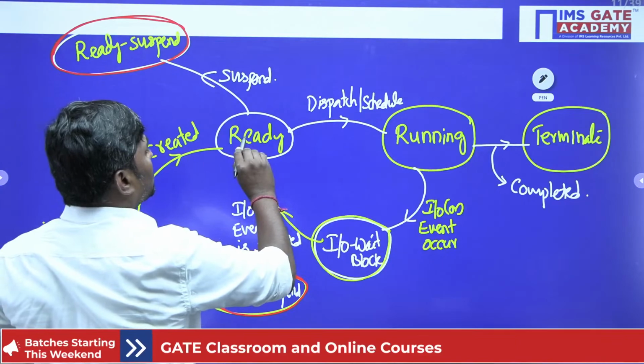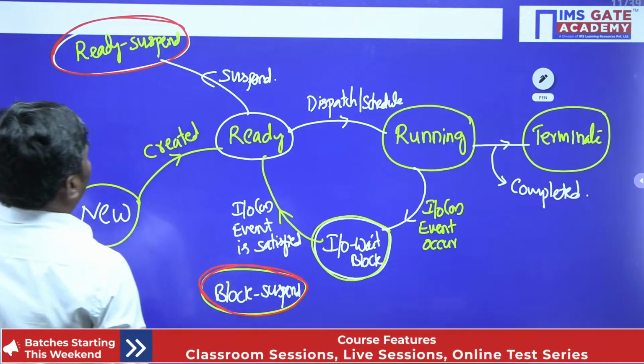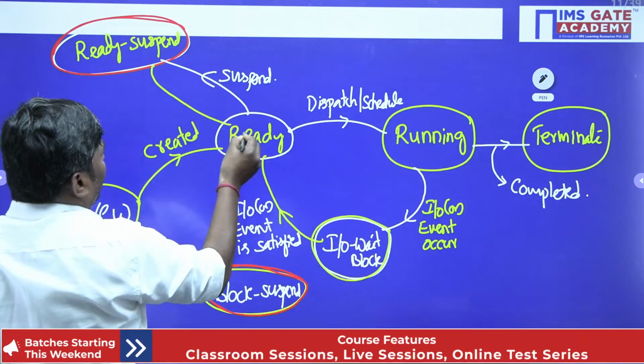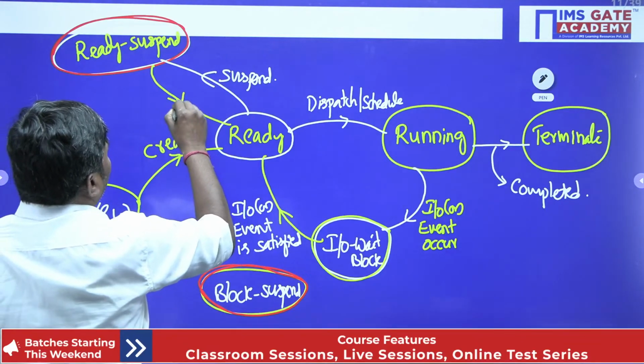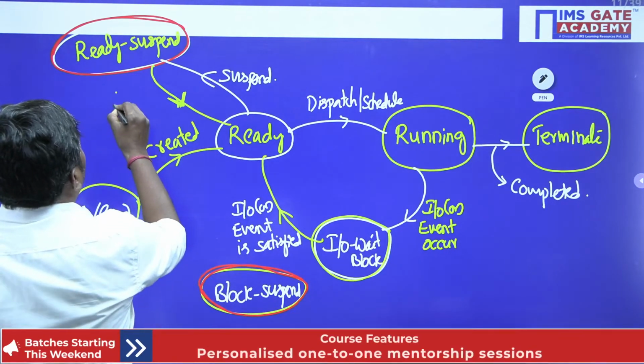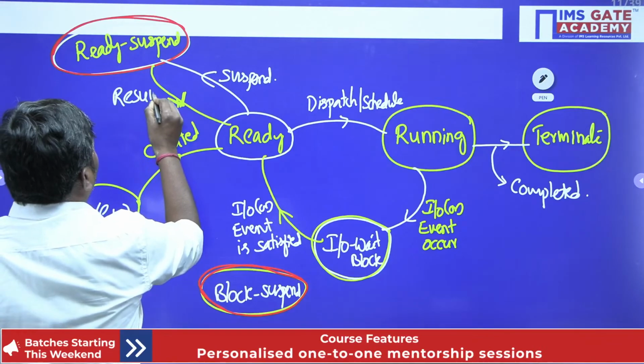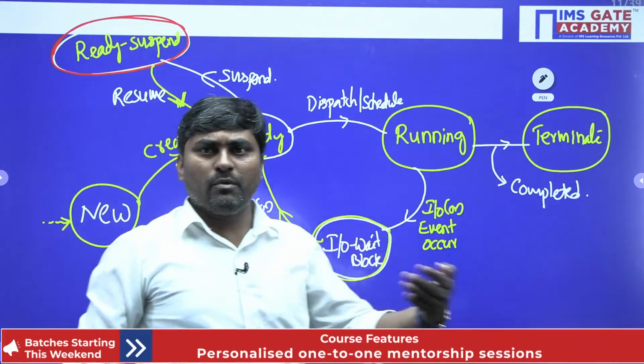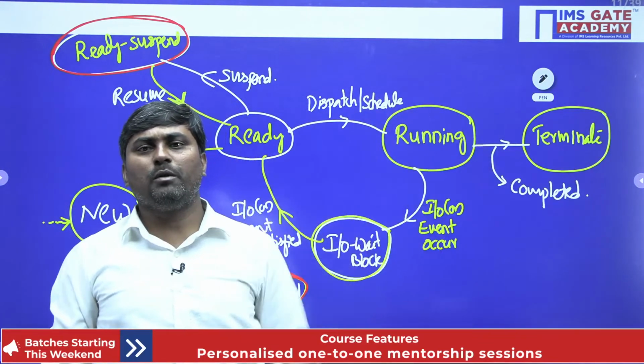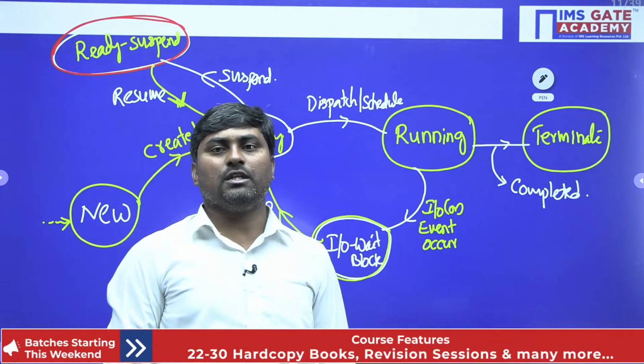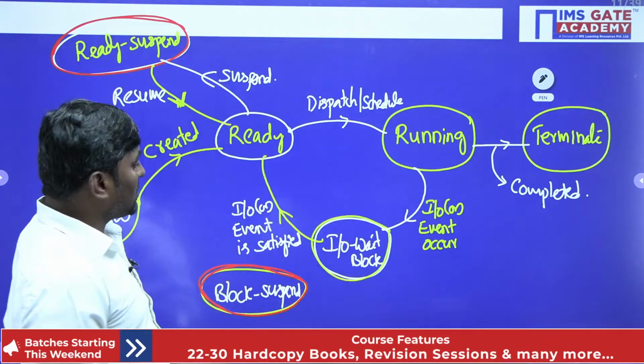Then the high priority process is loaded and executed. Later, based on the availability of memory in the ready queue, we can resume it. Resume means the suspended process can be taken back into main memory for execution. So this transition is clear.